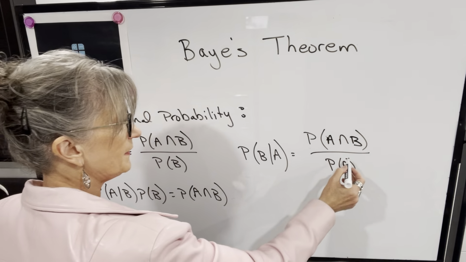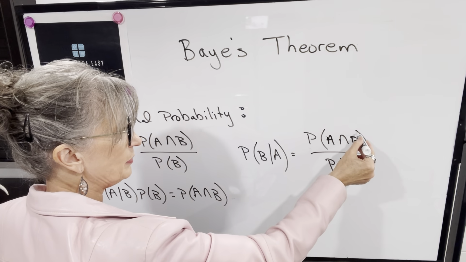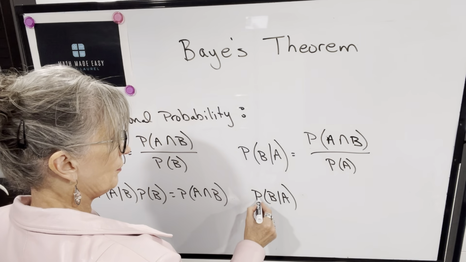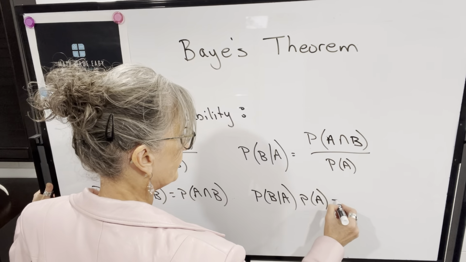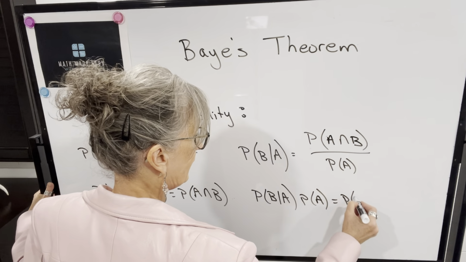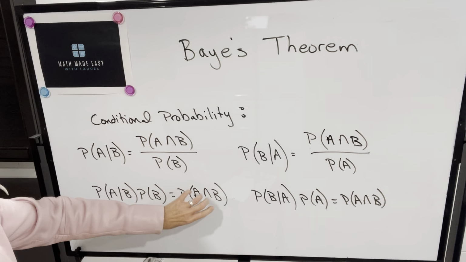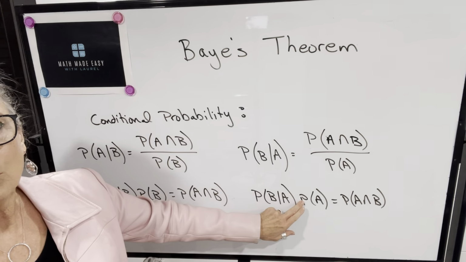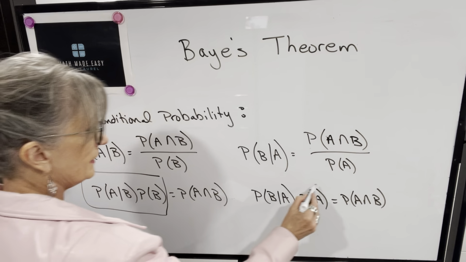I'm going to do the same thing with this equation. I'm going to isolate the probability of A and B by multiplying both sides by the probability of A. So the probability of B given A times the probability of A will be equal to the probability of A and B. So the probability of A and B is equal to this as well as this, which means that this is equal to this.